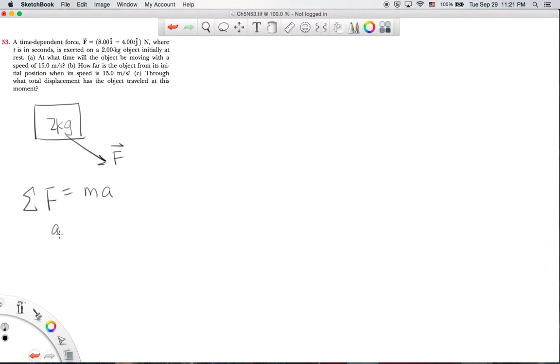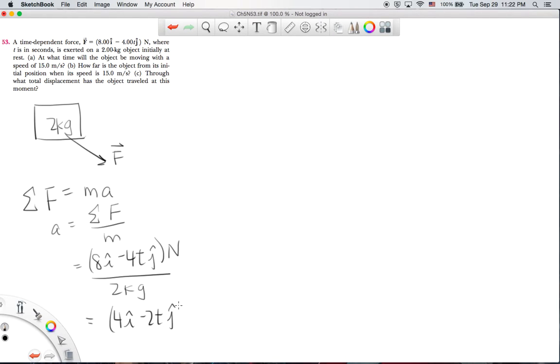So if we solve for acceleration, which is the force divided by the mass, we'll get 8i hat minus 4t j hat newtons divided by 2 kilograms, and this equals 4i hat minus 2t j hat meters per second squared.